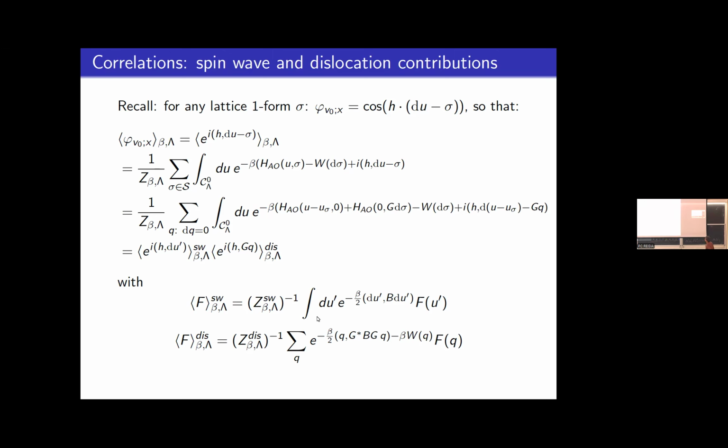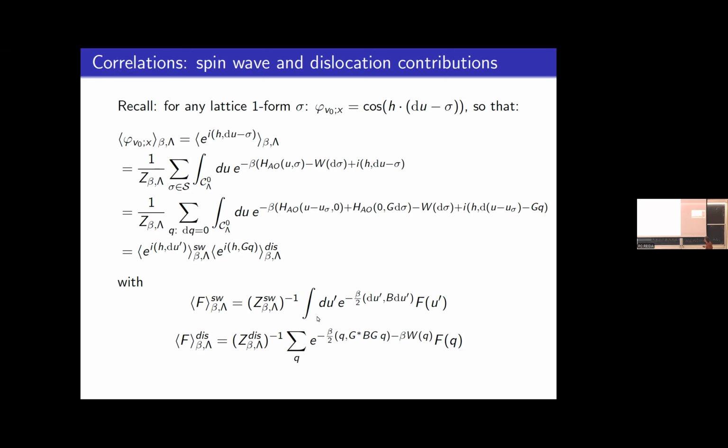And now you see that the two averages factor, because when you fix Q, the integral over U can be computed. You can shift. You can rename U minus U sigma, you can rename it U prime.